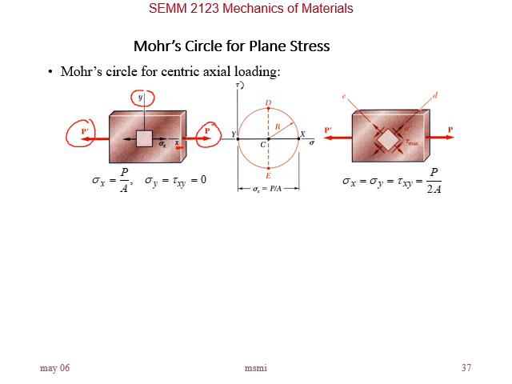Now you see that when we do calculation for the right hand plane, we only have sigma x. Okay, we do not have sigma y. Sigma y is 0. You also don't have any shear, right? Axial loading, you don't have shear in the normal section, normal to the direction of the loading.